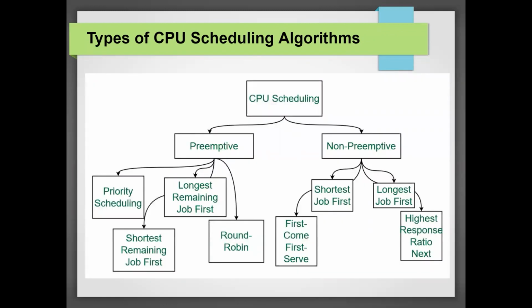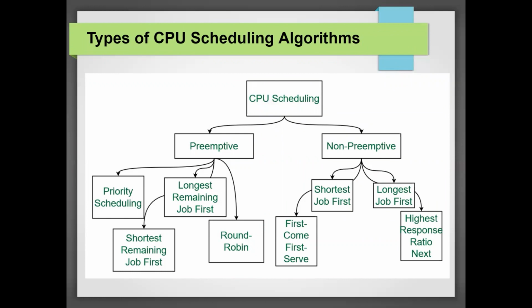Here I have listed out the different kinds of CPU scheduling algorithms. As I have mentioned earlier, we have two categories: preemptive and non-preemptive. We can further divide the non-preemptive scheduling algorithms into types like first come first serve, shortest job first, and longest job first. In a similar way, we can divide the preemptive into priority scheduling, round robin scheduling, and SRTF, shortest remaining time first scheduling.